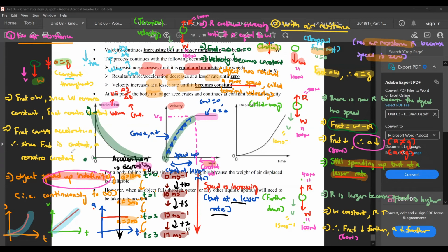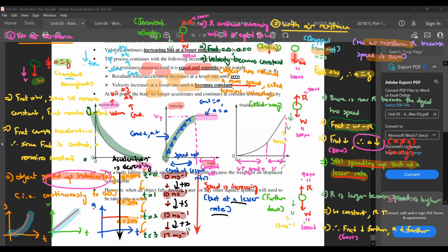Okay, now in terms of the displacement, this one is another different understanding to it. If you look at your graph here, this part here is where you have velocity increasing, so your gradient is actually increasing.